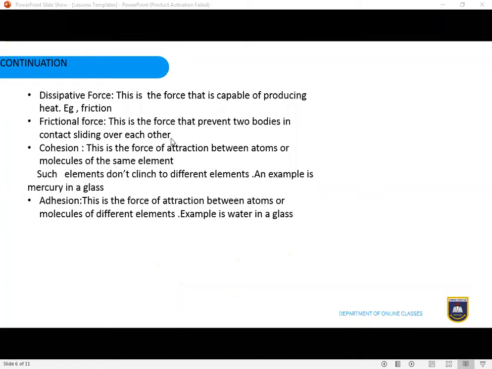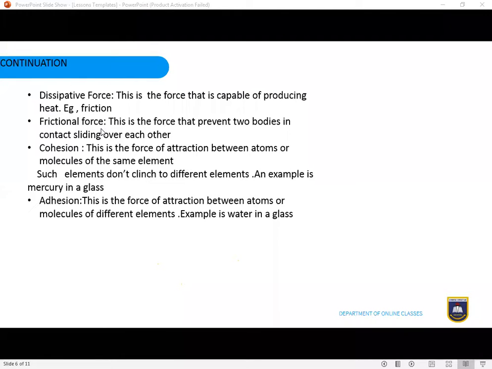So the next one we'll come to is the frictional force, which we said is a dissipative force, because friction produces heat. So what's frictional force? This is the force that prevents two bodies in contact from sliding over each other.